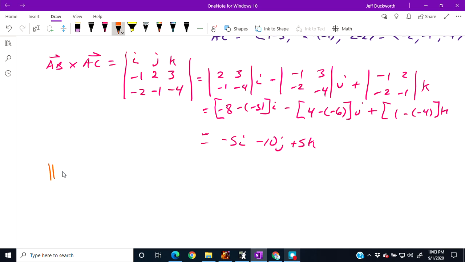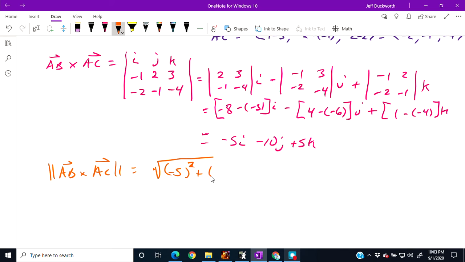The magnitude of AB cross AC: our first value is negative 5, so negative 5 squared.